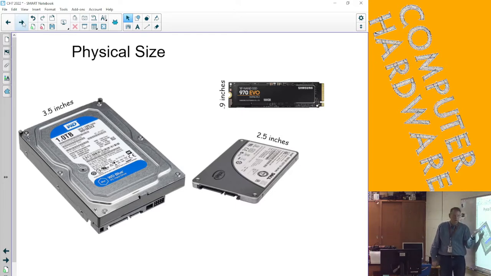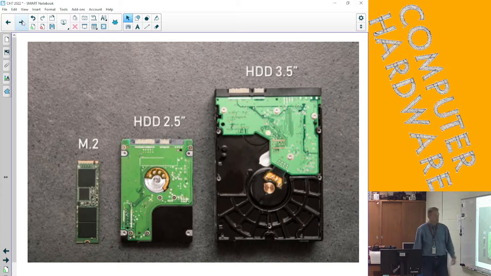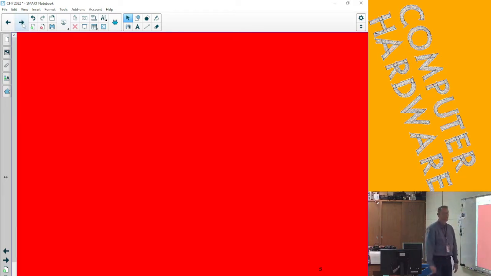You can only buy a 2.5, or some laptops use M.2. So you have to know the physical size differences. There is a picture of an M.2, a 2.5-inch hard drive, and a 3.5-inch hard drive. Size does not have anything to do with capacity. So that's question 7.1. Go ahead and take that quiz.